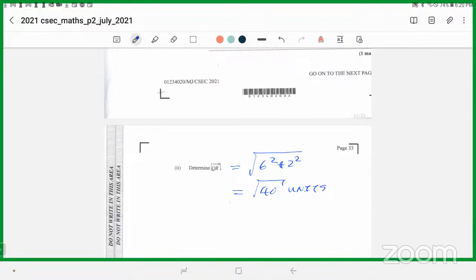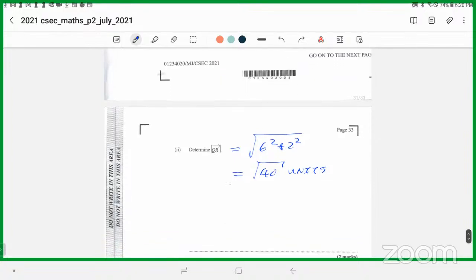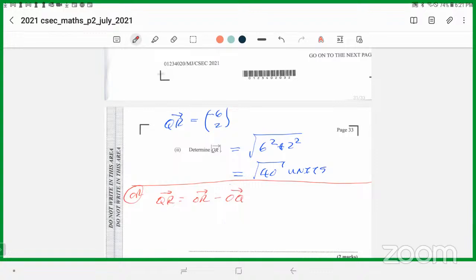That's from the diagram. But let me calculate QR for you using position vectors. It's going to work out to be the same, -6, 2. I'm just doing this as another method, without using a diagram. QR equals OR minus OQ, the last minus the first.